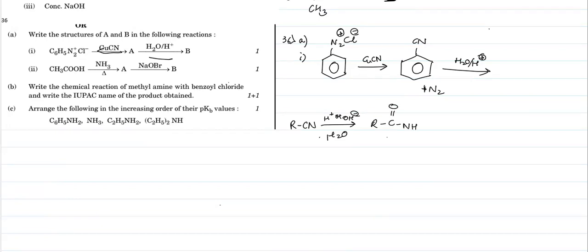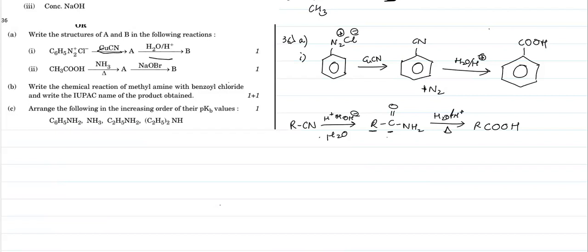Not an amine, an amide, because of the CO group attached to it. Now this further undergoes a reaction with H2O, H plus and heat to give us RCOOH. In this case, the R group for us is the benzene ring. We're not concerned about the amide itself, so the final product of this reaction is going to be the carboxylic acid.